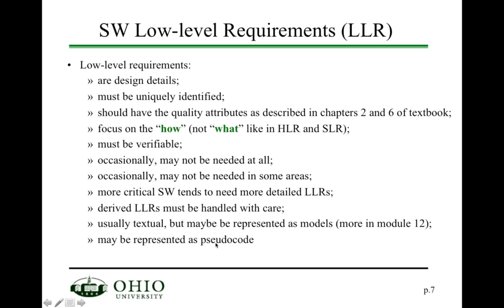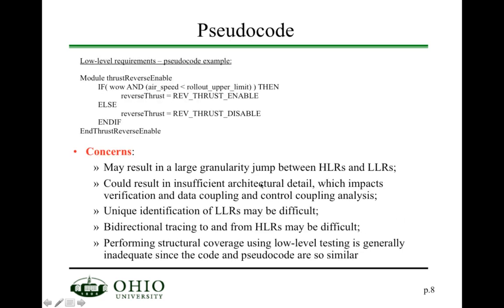Now, the alternative way of looking at this, and you see it sometimes, is that the low-level requirements look like pseudocode or even things like MATLAB code. In other words, you have a set of code. Well, this is allowable, but you have to worry about some of the concerns associated with using pseudocode as the low-level requirements. A couple of them are stated here, and these can be found in the textbook with some extra material.